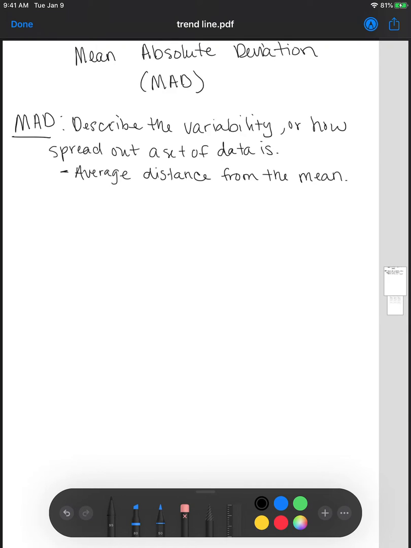And we're going to talk about all the steps. This is just to define what MAD is. You're just finding the distance from the mean. And if y'all can recall, the mean is also called the average.